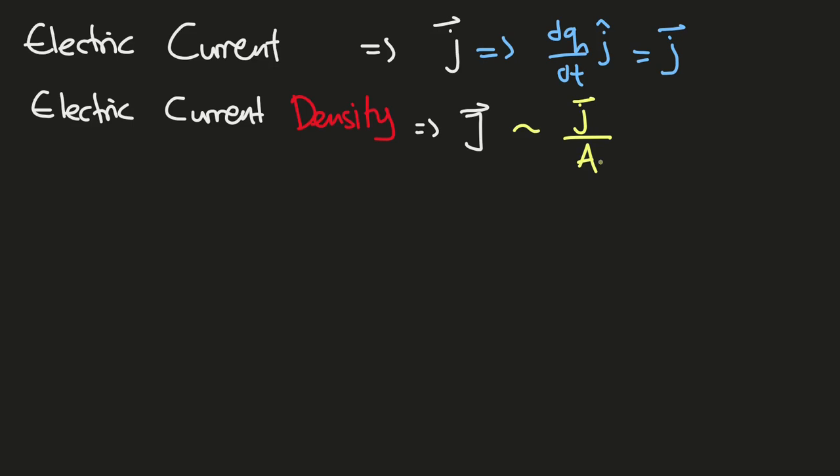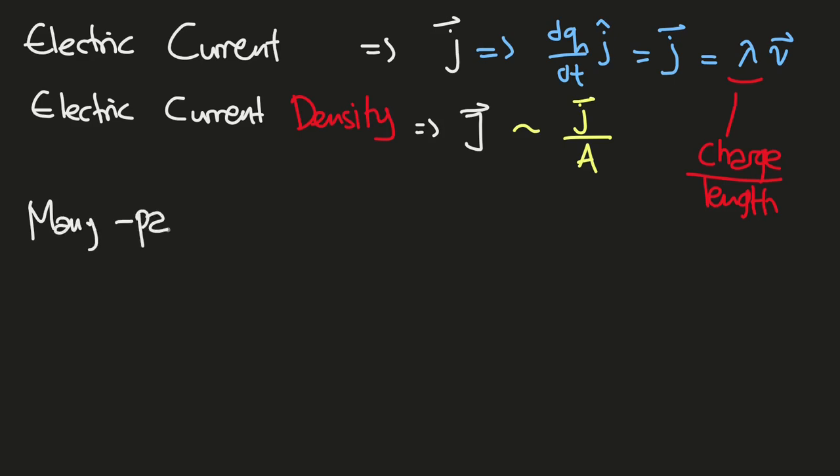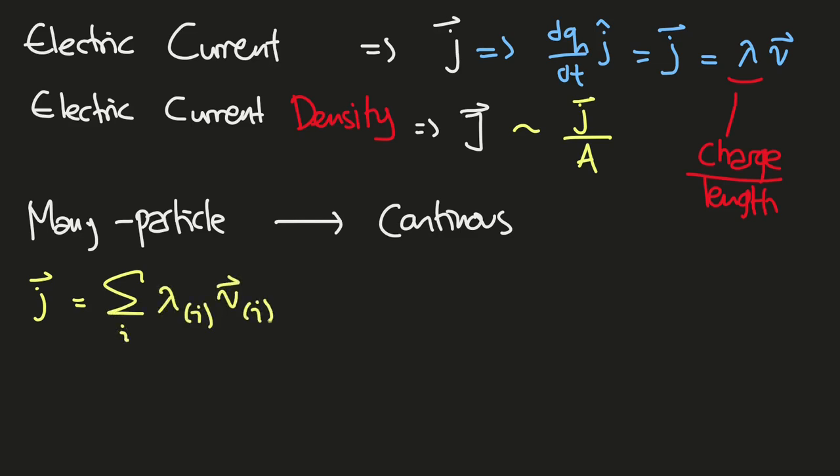So here I can define the J vector as lambda multiplied by the V vector, where lambda is charge over length. For many particles, J vector is this summation, where i is the index of particle 1, particle 2, and so on, which in a continuous system we can generalize as this integral along the omega region.